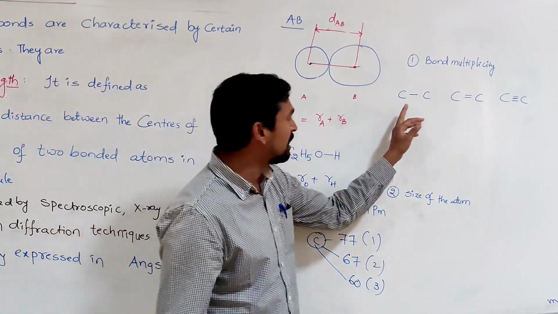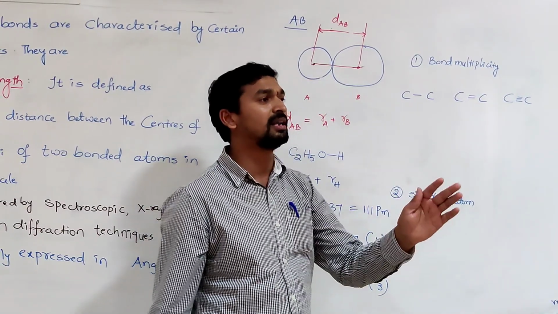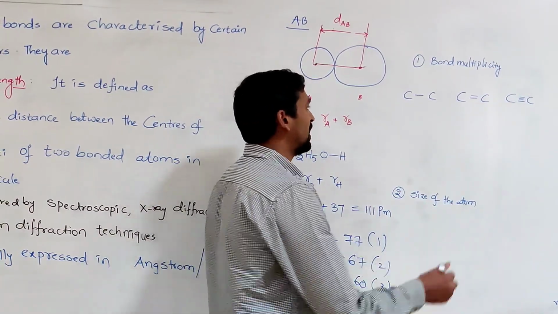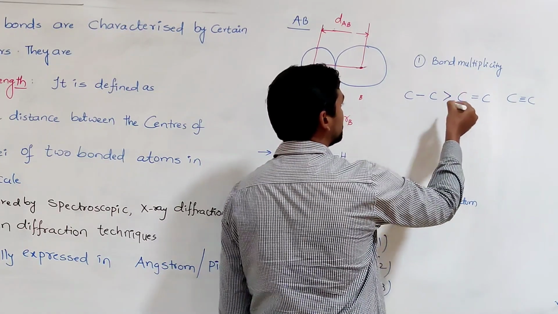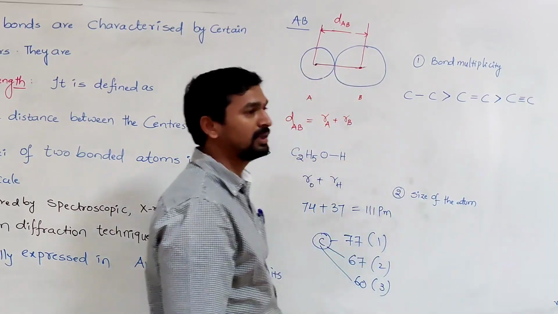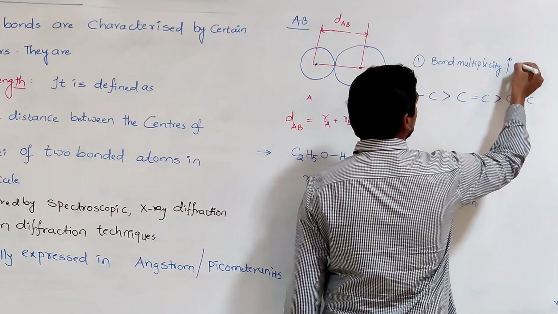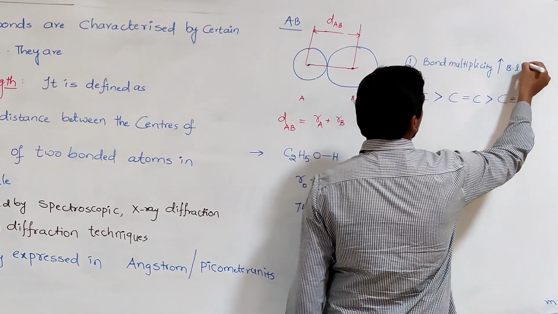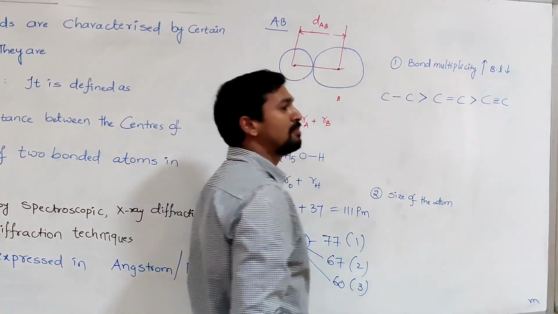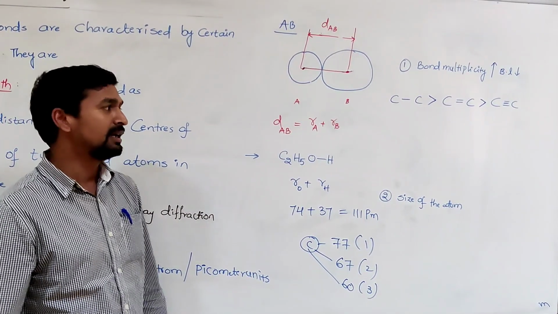That's why as the number of bonds between the atoms increases, the bond length decreases. That's why the carbon-carbon single bond is greater than carbon-carbon double bond, which is greater than carbon-carbon triple bond. As the bond multiplicity increases, the bond length decreases.